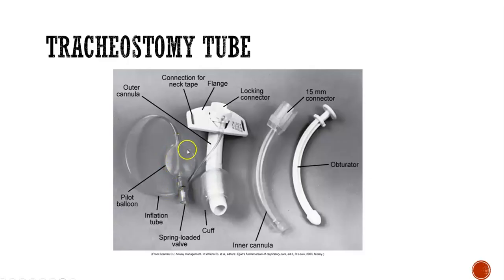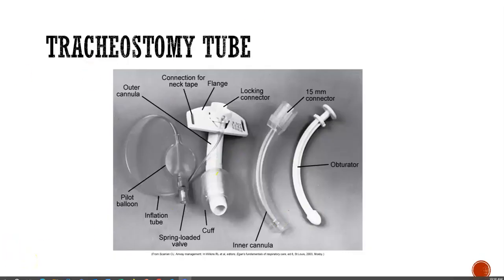If it's a cuffed, it's going to have a little balloon that we use to inflate it, and then it's got that inner cannula that can come out. If you ever lose your airway, always make sure that you have your obturator at the bedside, because that's what's going to keep your airway open until you can get that tube put back in.